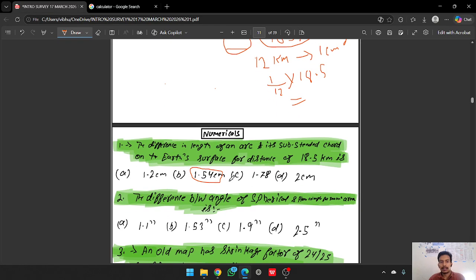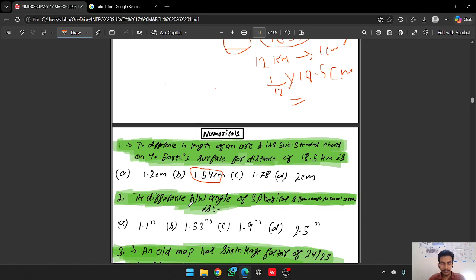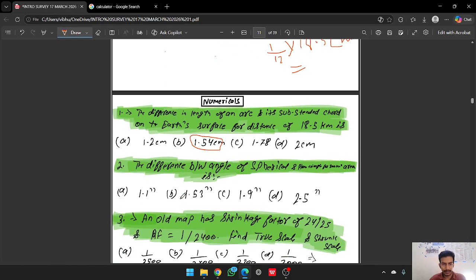Got it? This is a centimeter. The next, the second question.